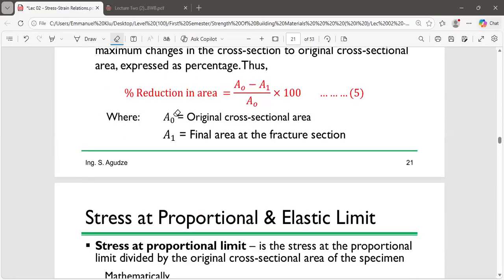A subscript 0 is your original cross-sectional area, and A1 is the final area at the fracture section. As I was saying, someone can choose to denote it as initial area and final area. It is also accepted.